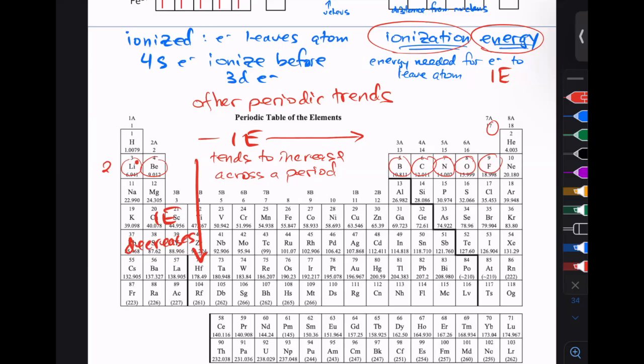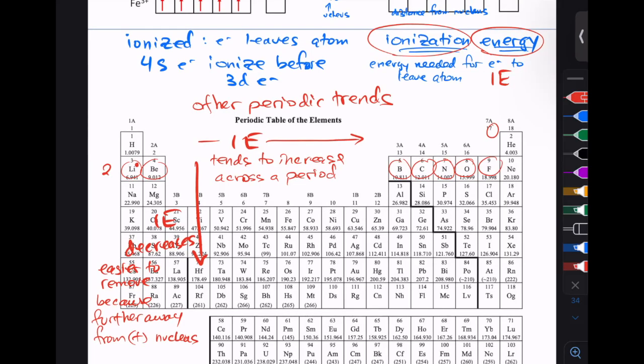And you can make sense of that easily because as you increase the principal energy level, those valence electrons are getting farther and farther away from the positive charge of the nucleus. So they're not as attractive. So it's easier to remove them. All right? Easier to remove, because they're further away from the positively charged nucleus.